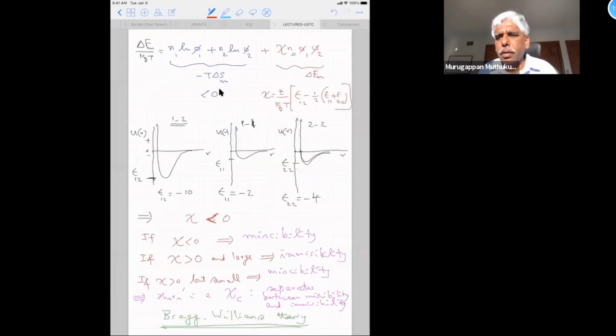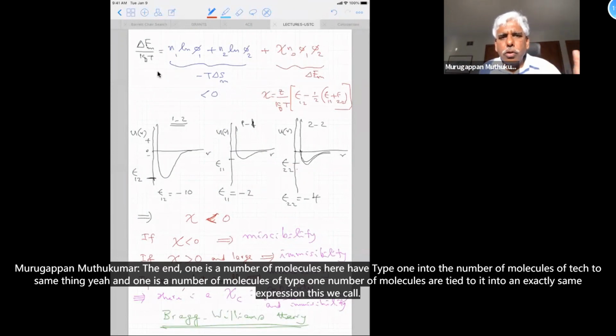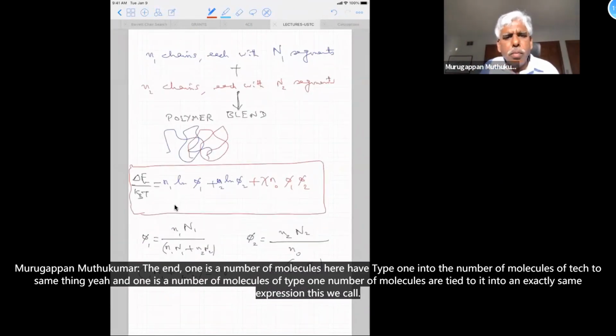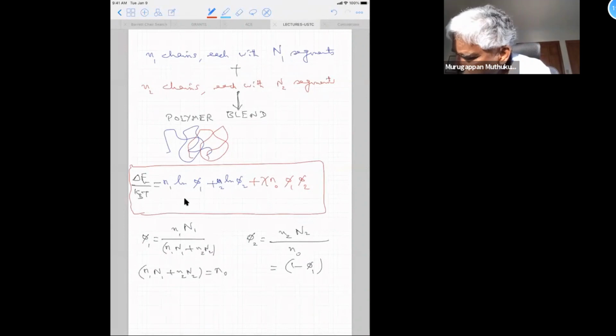Identical. N1 is the number of molecules here of type 1. N2 is the number of molecules of type 2. Same thing. N1 is the number of molecules of type 1, number of molecules of type 2 is N2, and exactly the same expression. This we call Flory-Huggins theory.